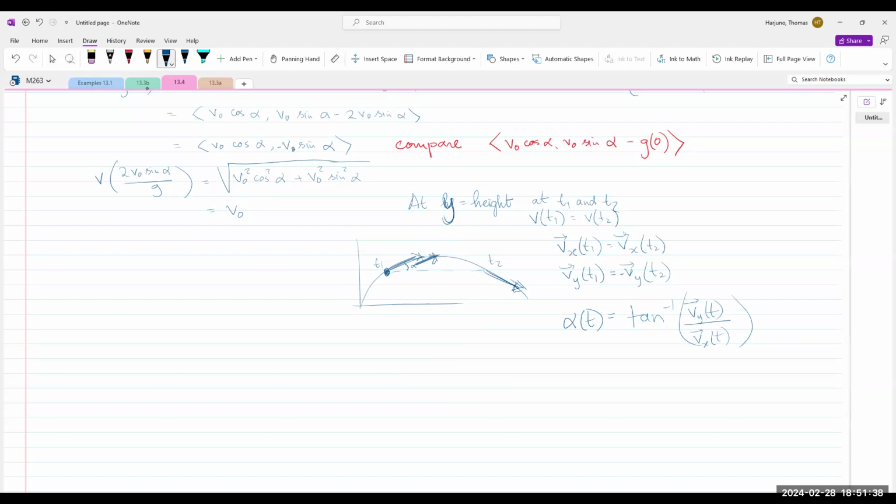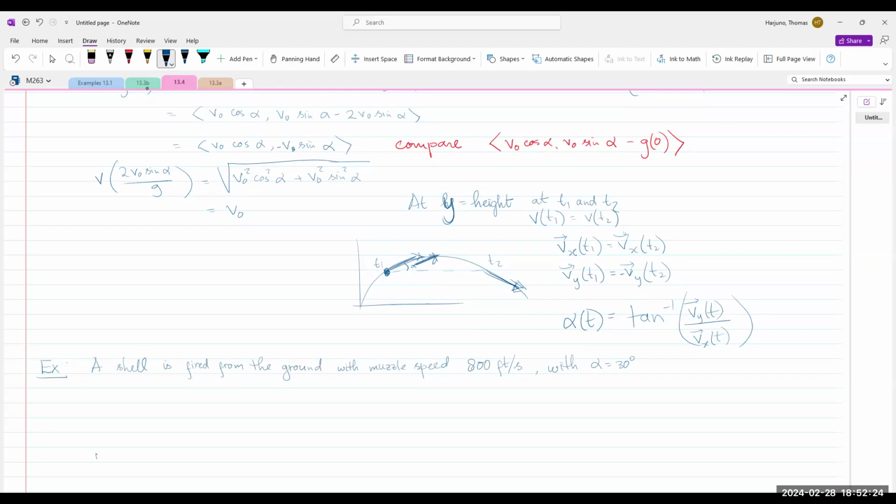Let's start with, for example, a shell fired from the ground, so the initial height is 0, with muzzle speed 800 feet per second, at an angle alpha equal to, let's say, 30 degrees.